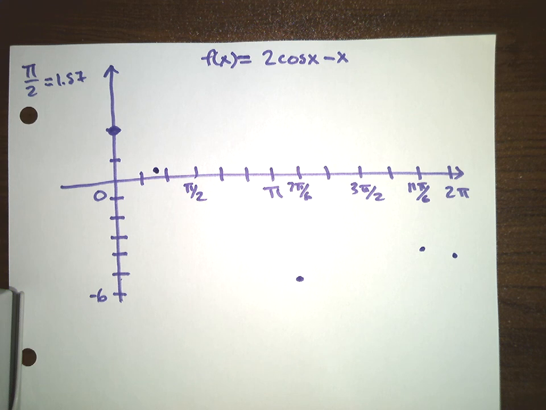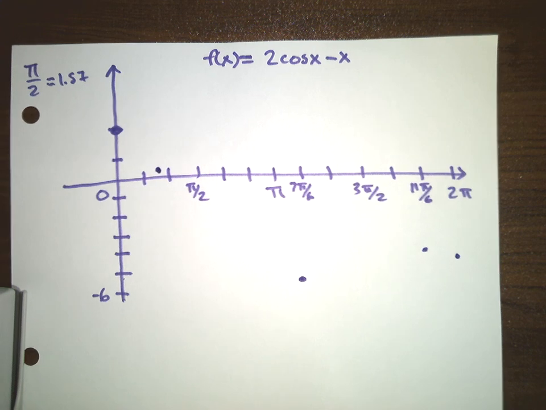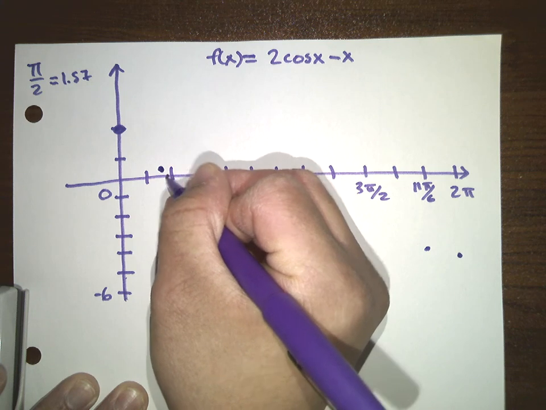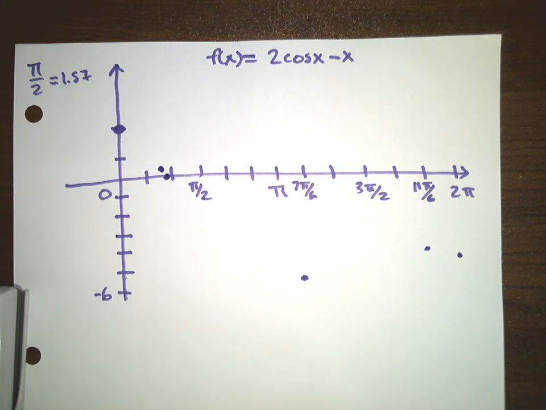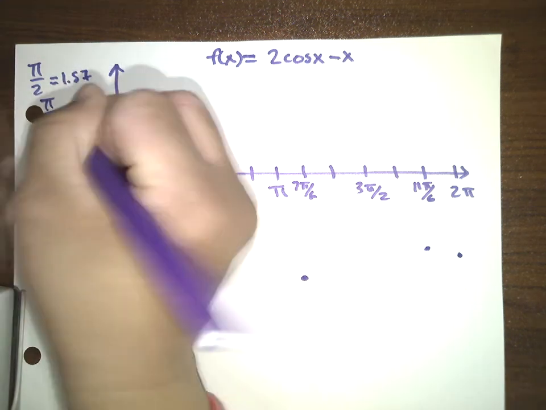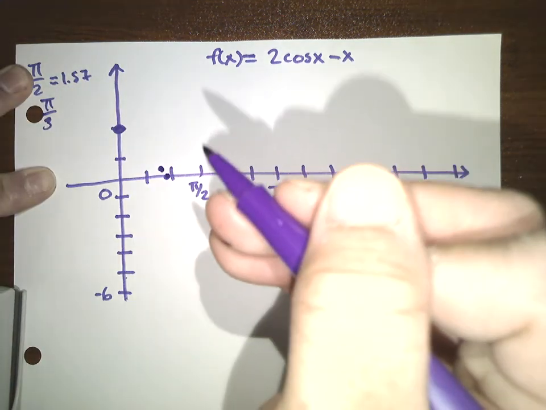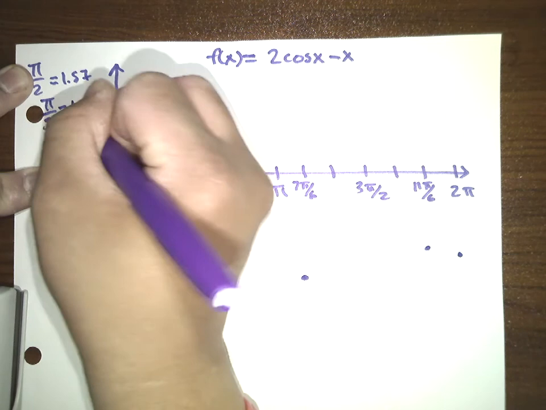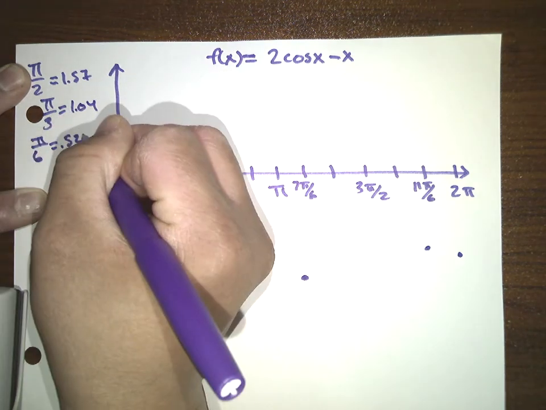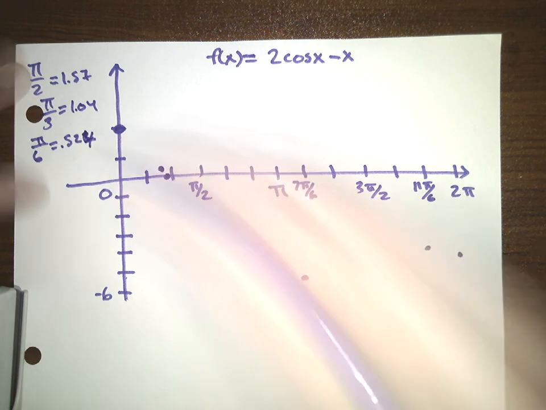So 1.030, that would be right here. A little bit less than pi over 3, which is about 1.04, and then pi over 6 was 0.523 or 524, just so that you know.